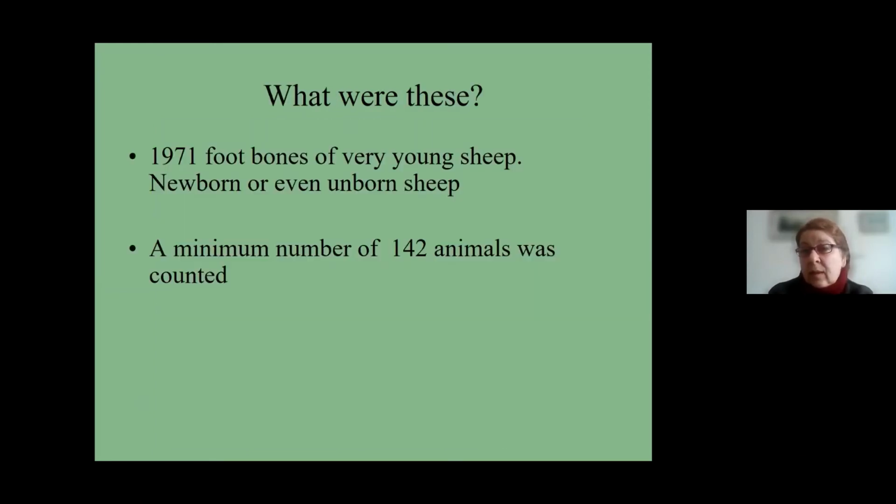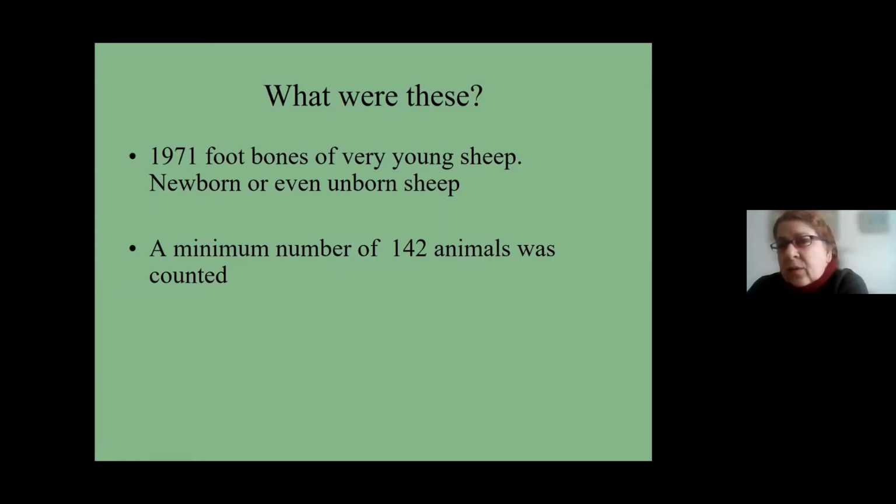It was a big bag of such foot bones. With the measurements I took, they are newborn or maybe even unborn, and about 142 animals were counted, which are not included, of course, in the graphs I showed you before.